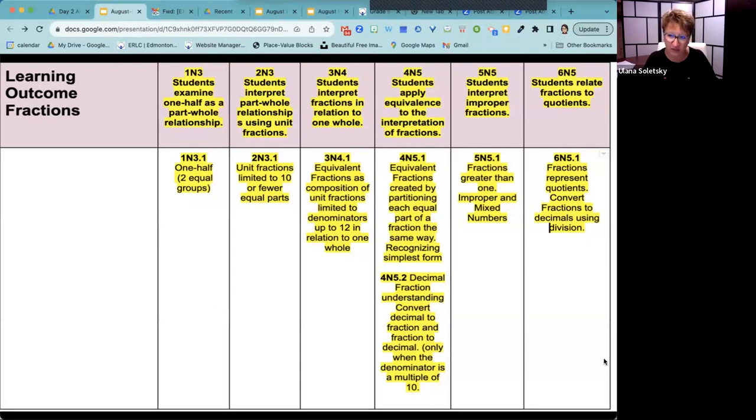Well, that's almost right, but it has to be 2 equal parts. And so we often hear older kids say, you can have the bigger half. Like, what do you mean the bigger half? Aren't halves both the same size? And so that's what we really want to establish in grade 1, is that when we're talking about halves, they have to be 2 equal groups.